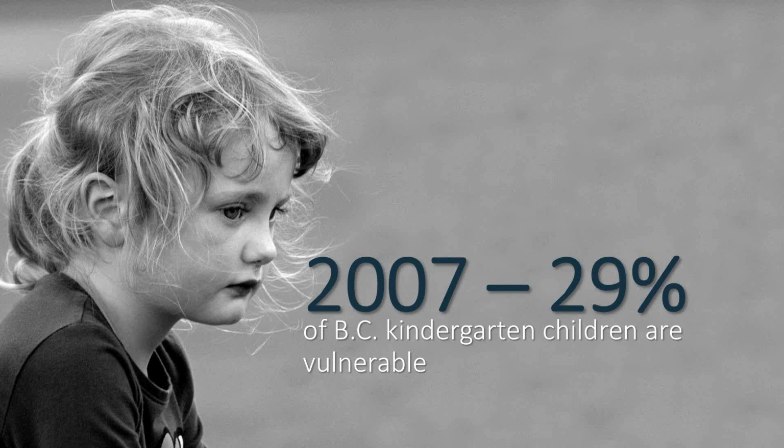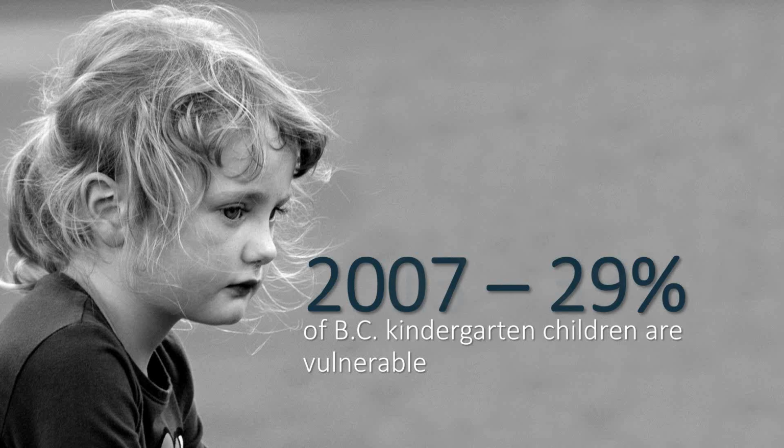So many of you will have seen the provincial EDI results. Using that measure of whether or not children are vulnerable on any of the scales, in 2007, which was the end of Wave 2, 29% of all kids across BC were vulnerable on at least one scale of their development, so close to 30% at that time.